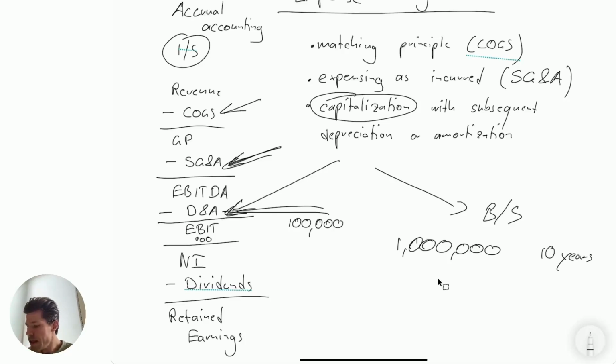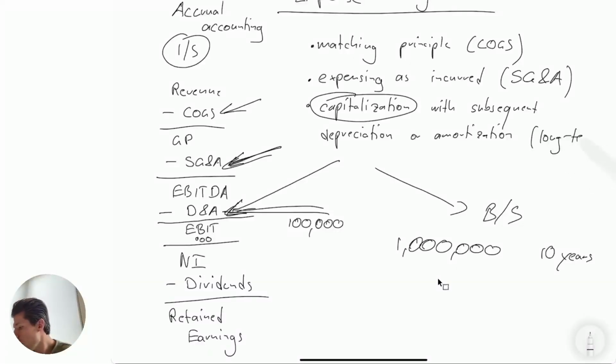So over 10 years, if you record a depreciation and amortization item of 100,000, then at the end of 10 years, after you can no longer use its useful life, the balance sheet asset would basically be written down. Yeah, so three ways.